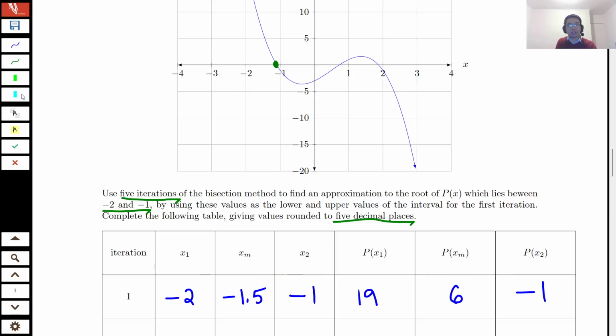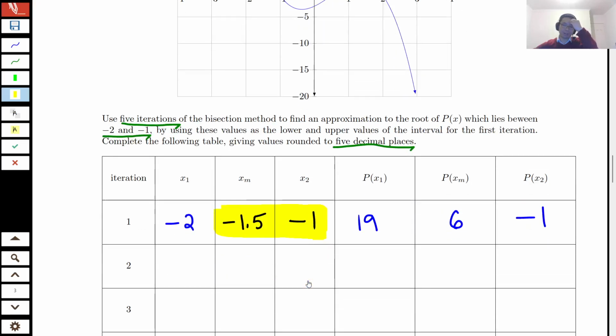Now, you don't need to circle this because it's going to get really messy. But what I'm going to do is highlight the parts of the table that tell me where a sign change has happened. Okay, so now I'm going to repeat this process.